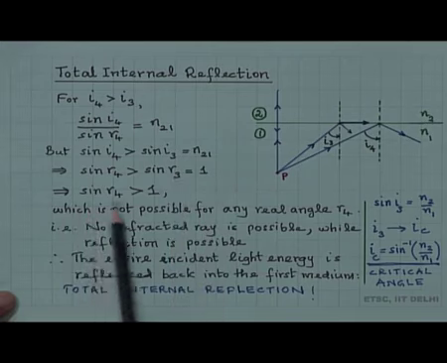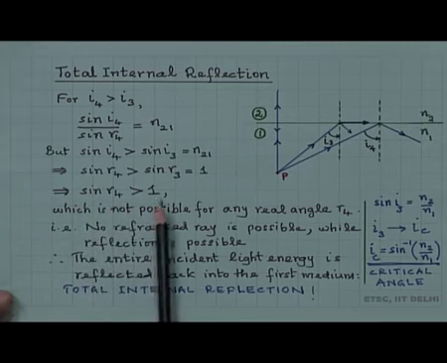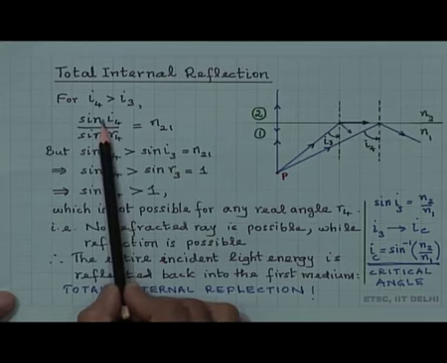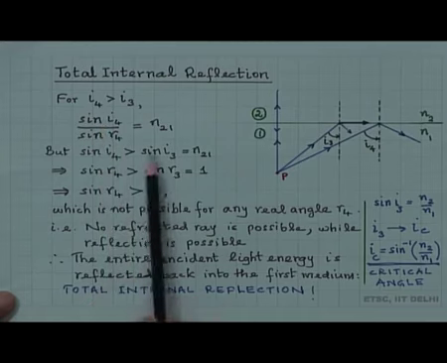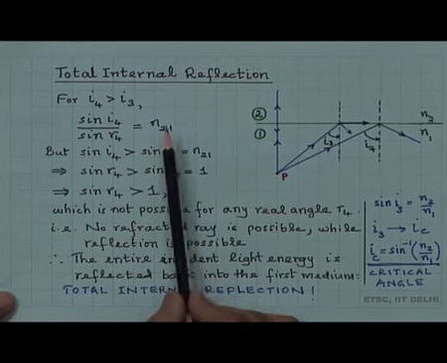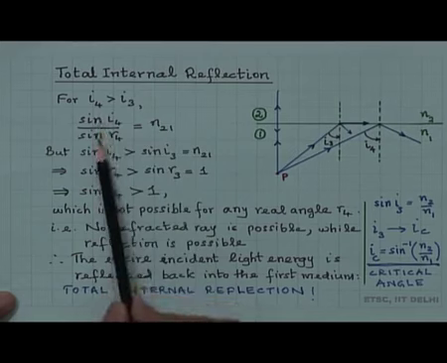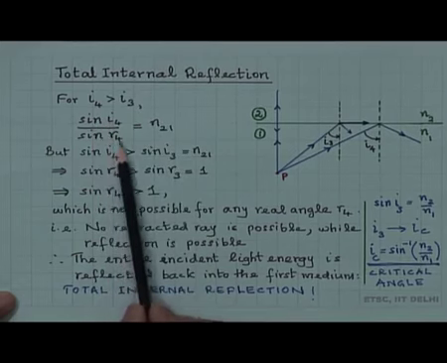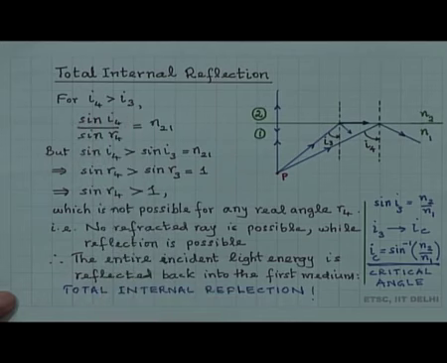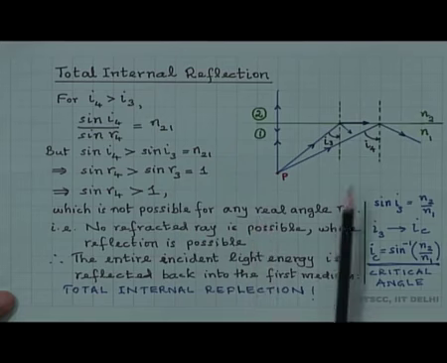This implies sin R4 must be greater than 1. Please see this: if this ratio has to be less than 1, sin R4 must be greater than sin I4, and that implies sin R4 must be greater than 1. This is not possible for any real angle R4.